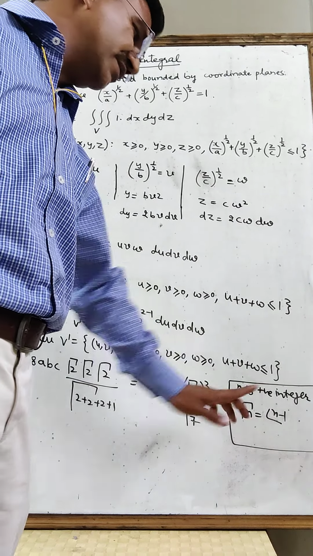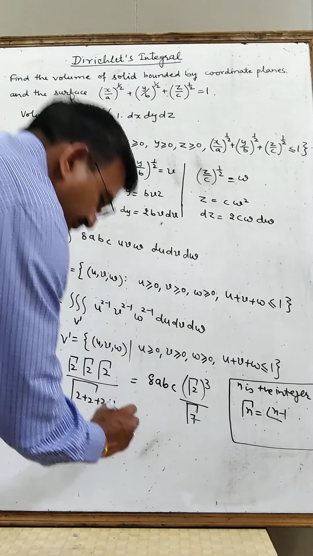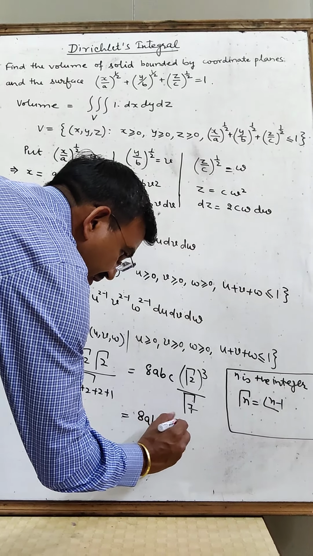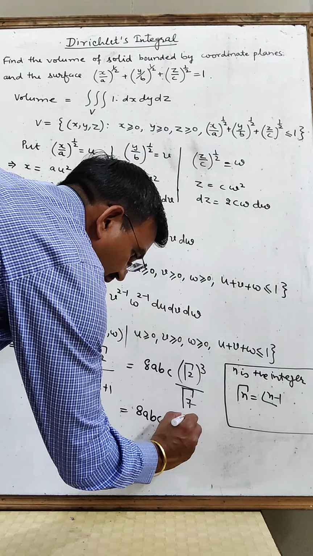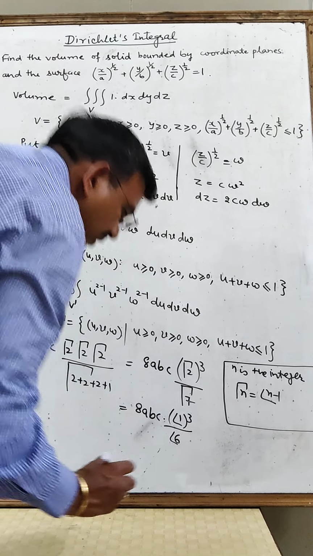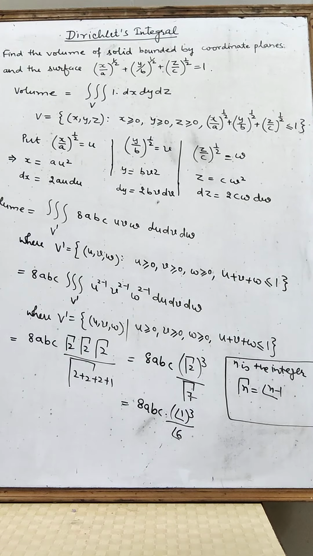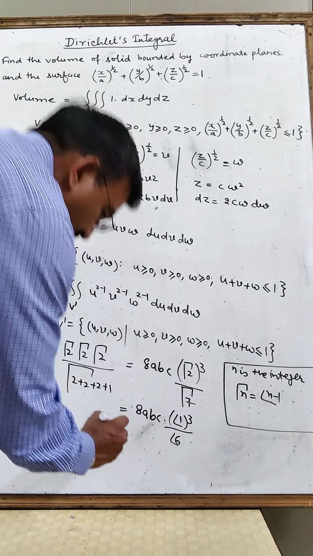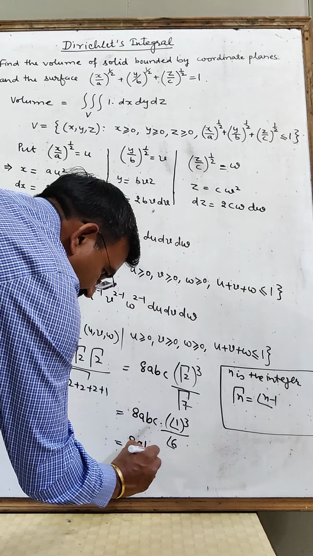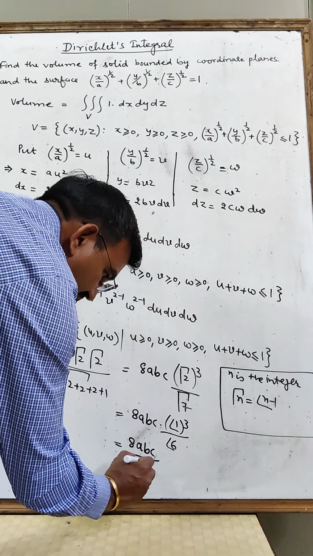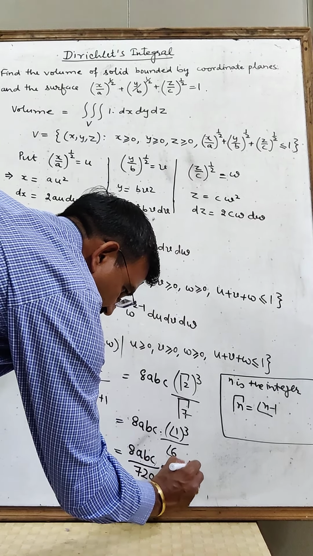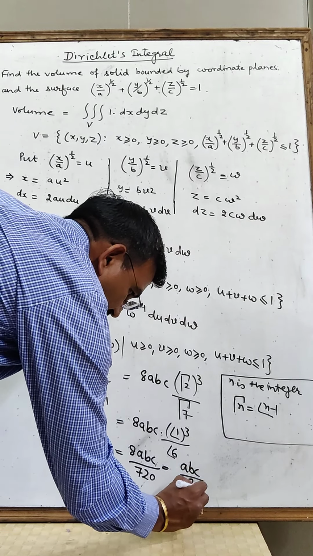So it would be 8abc times (1 factorial) cubed over 6 factorial. Factorial 1 is 1 and factorial 6 is 720, so it would be equal to abc over 90.